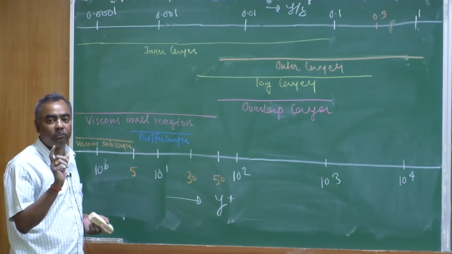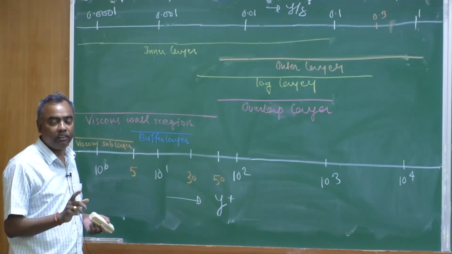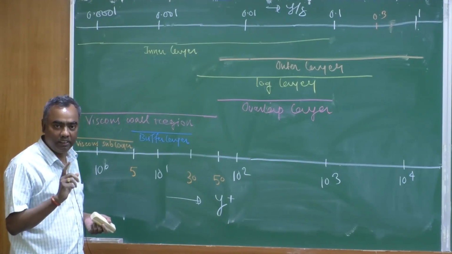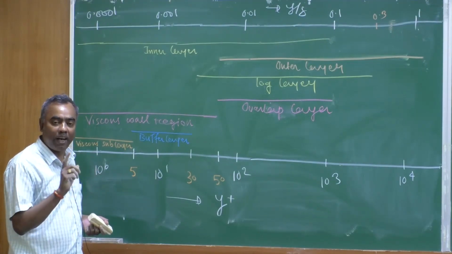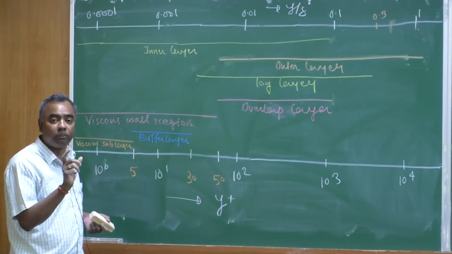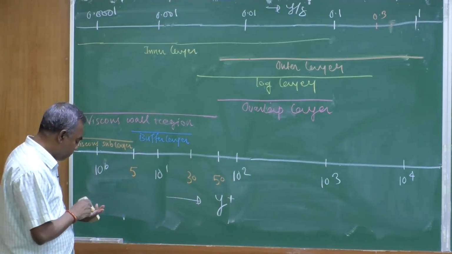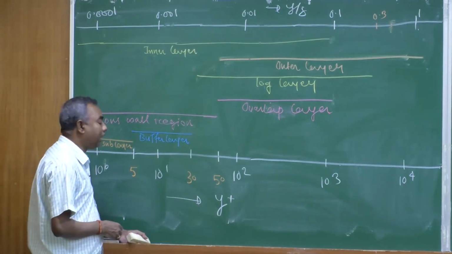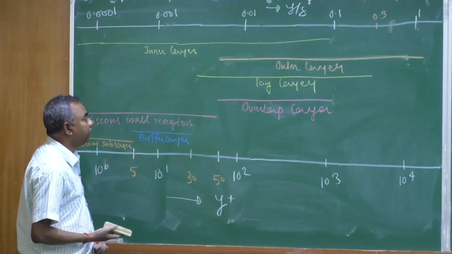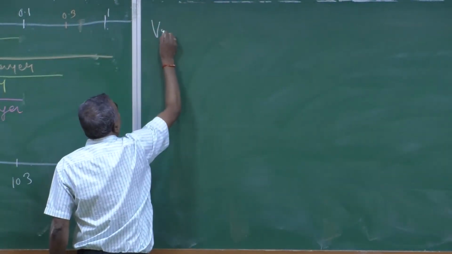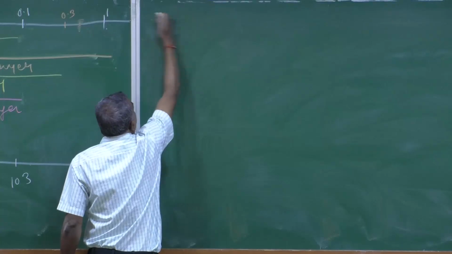At a particular position, whatever the mean velocity is, the center line velocity minus that mean velocity is the velocity defect. So, let us now talk about that particular velocity defect. We are going to talk about the defect law.